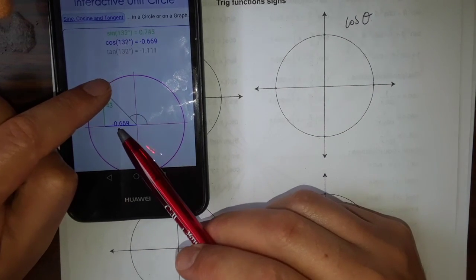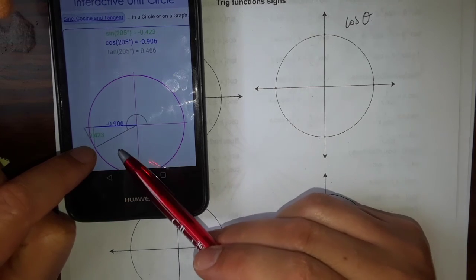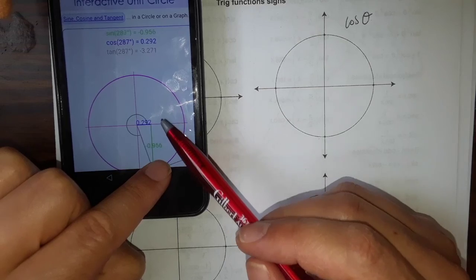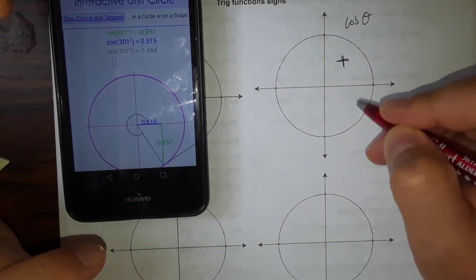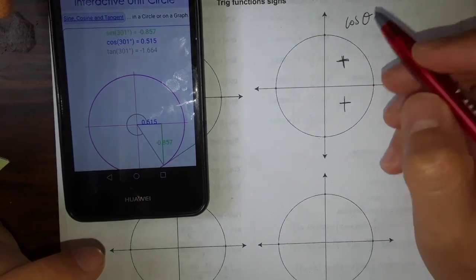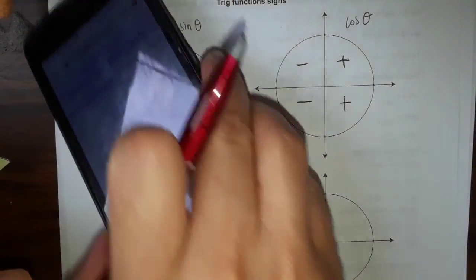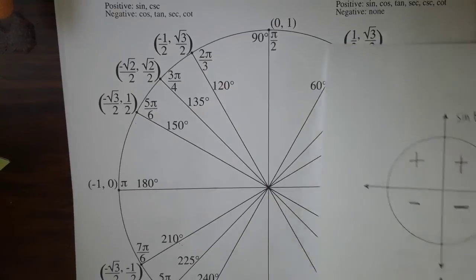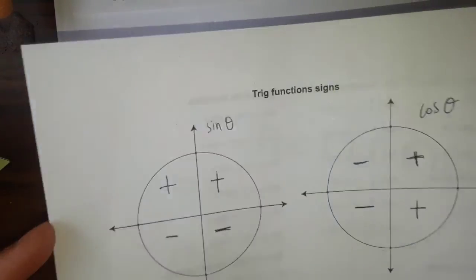But when we go to the left, it's negative. So the second and third quadrants are negative, while the first and fourth are positive. So it's positive, positive, negative, negative. You can also see it here, but in the unit circle it's more difficult to see. That's why I brought this phone.